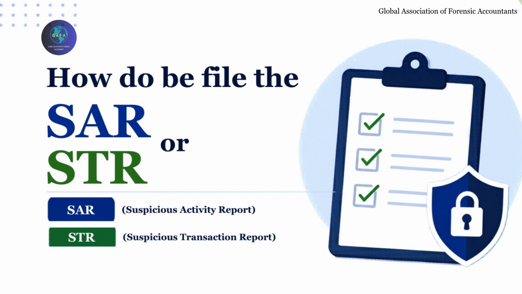This is a report which every financial institute has to file with the FIU without any fail. Each time they think a particular transaction or account holder has any suspicious activity, after investigating internally, if the bank is convinced that this is really suspicious, it is time for them to file the SAR.